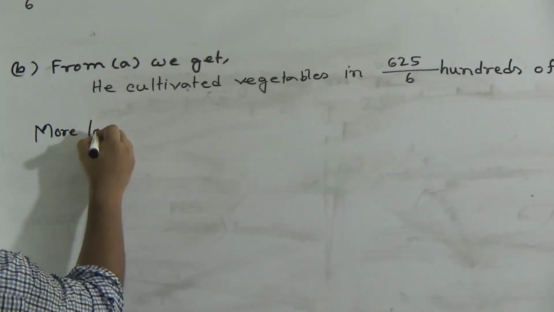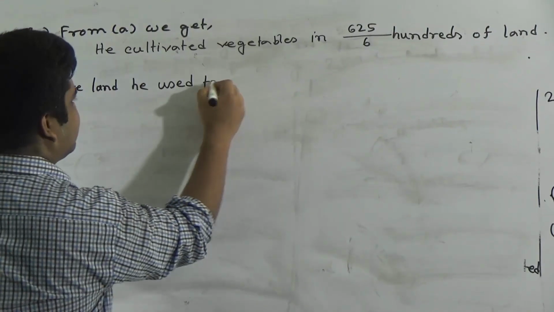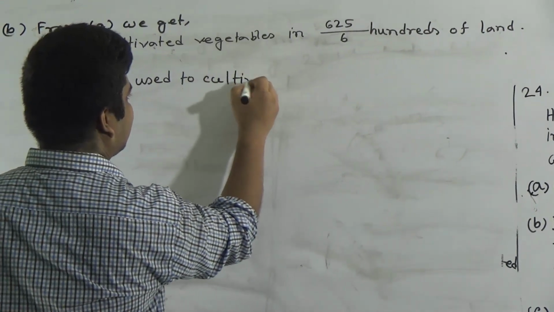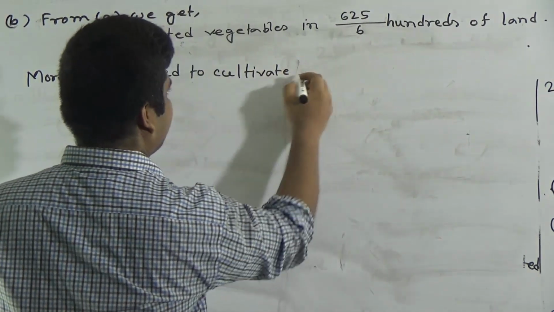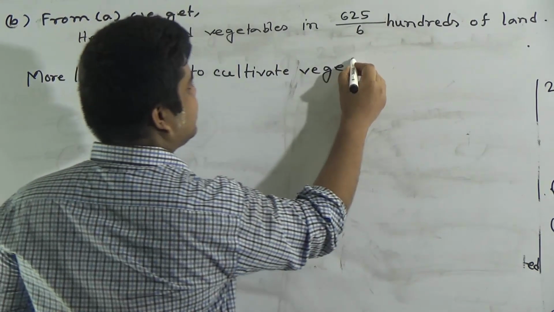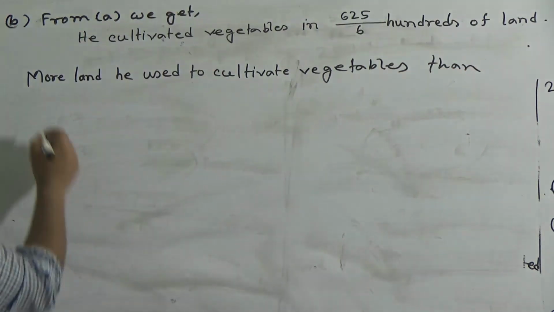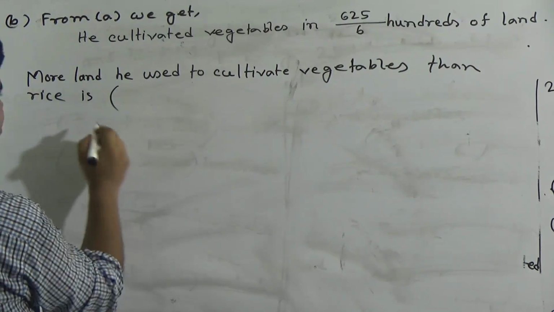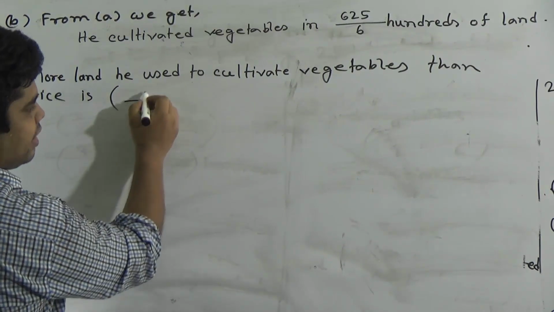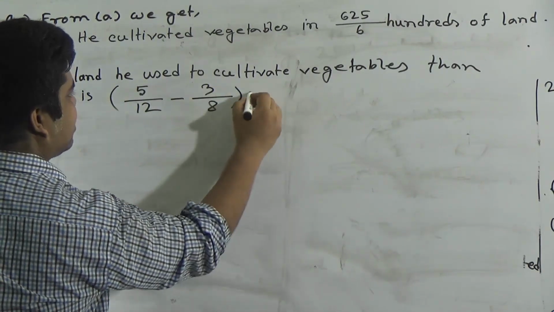So more land he cultivated vegetables than rice is here 5 by 12 minus 3 by 8 portion.